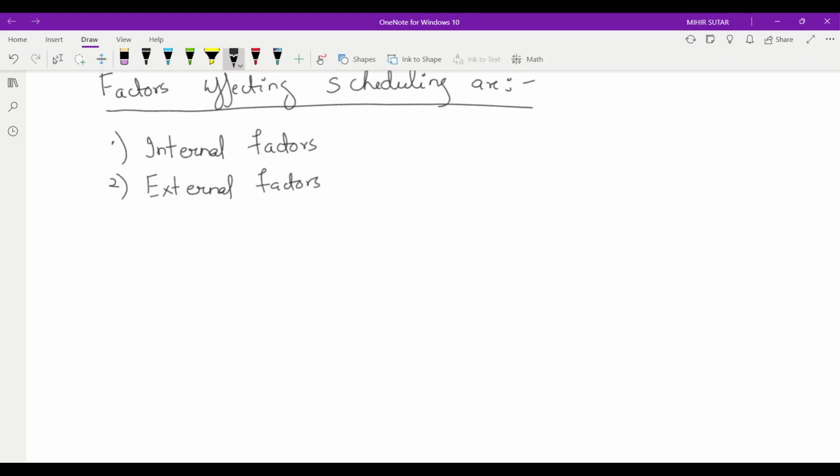External factors means your customers: what the customer demand is, what quantity the customer is demanding, what their delivery date is, and as per their delivery date, whether you are able to manufacture this number of products or not. All these factors are taken into consideration when scheduling is done.